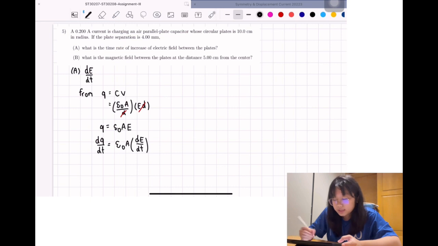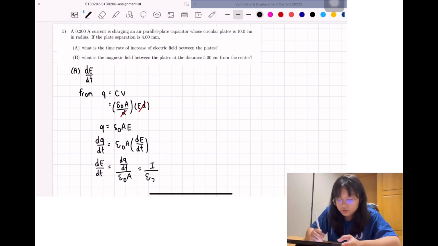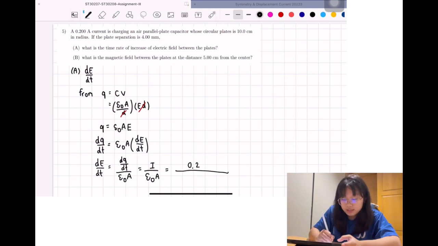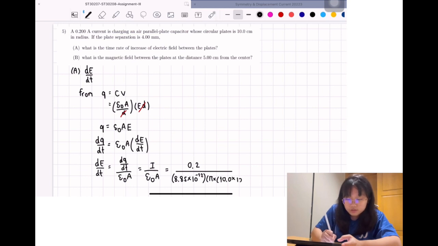So we can get dE/dt equal to dq/dt divided by epsilon 0 A, and dq/dt is I. So dE/dt is equal to I over epsilon 0 A. For I equal to 0.2 ampere, epsilon 0 equal to 8.85 multiplied by 10 to the minus 12, and A is pi r squared, where r is 10 centimeter, squared.